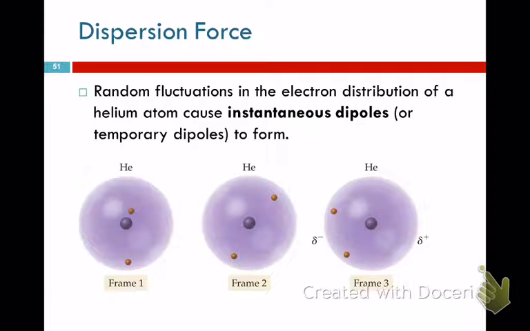So here's a bunch of helium atoms. And I almost hate this picture, but we'll stick with it. You don't think about it, but helium has 2 electrons, right? And they're moving around an electron cloud.